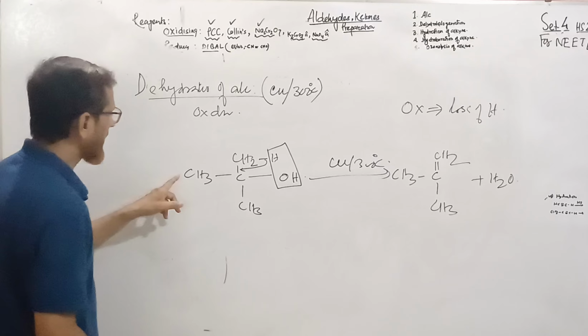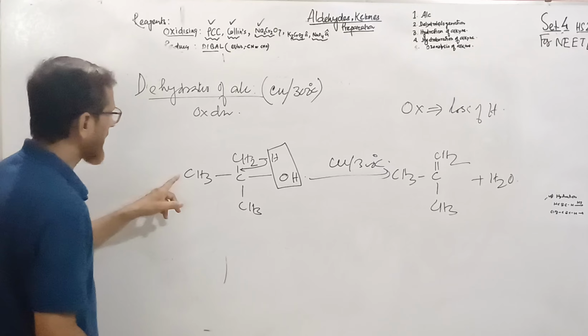I will just talk a bit on PCC. What is PCC? Pyridinium chlorochromate. Very often the name of the reagent or its structure is asked in the entrance exam. That's why I have given it: pyridinium, with the plus, and along with this the chlorochromate.